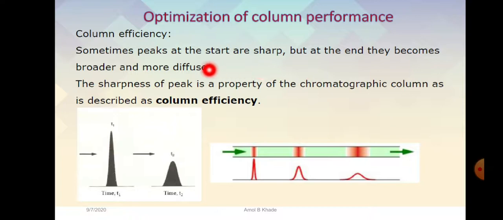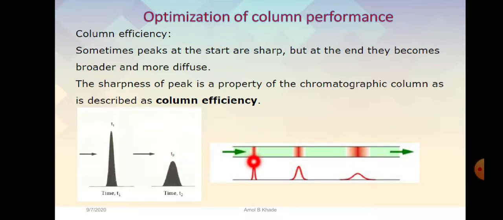Sometimes the peaks at the start are sharp, but at the end they become broader and more diffuse. The sharpness of a peak is a property of a chromatographic column, and that is described as column efficiency. You can see here, this particular peak is very sharp, and this one is quite broad.